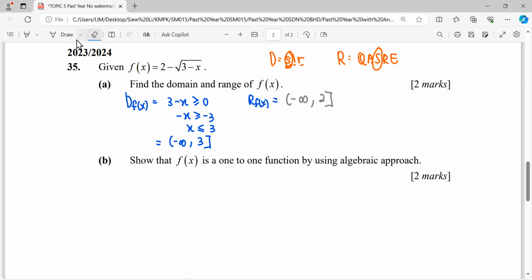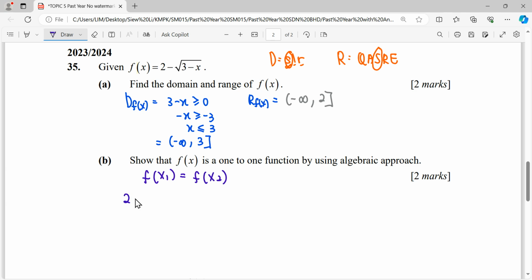Then for question B, show that the function is a one-to-one function by using the algebraic approach. So using the algebraic approach means we start with f(x1) equals f(x2). For the left hand side, substitute x as x1. For the right hand side, substitute x as x2.